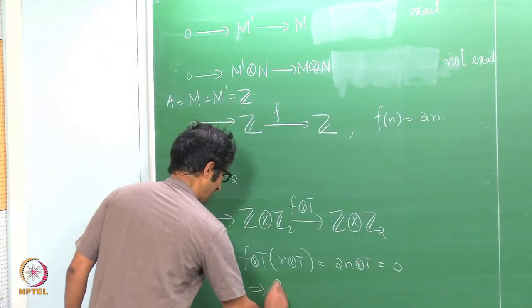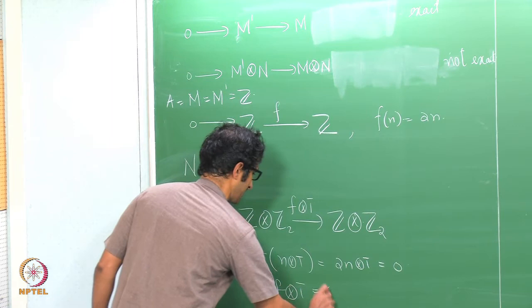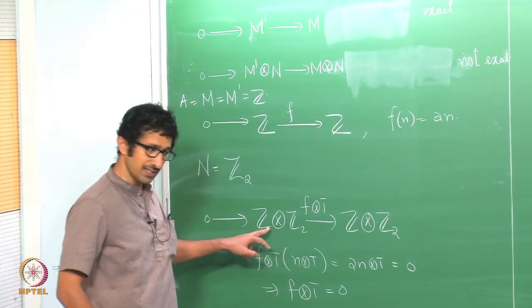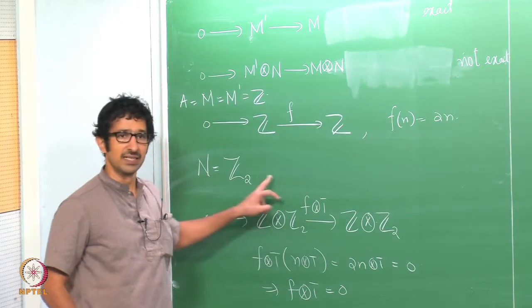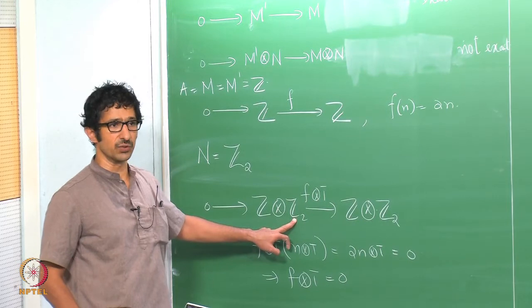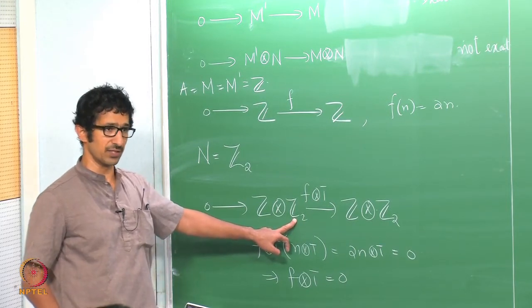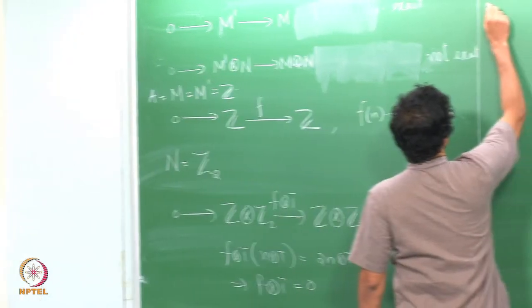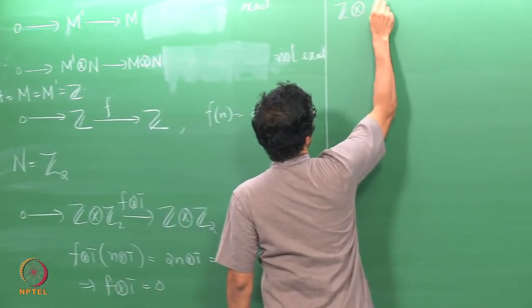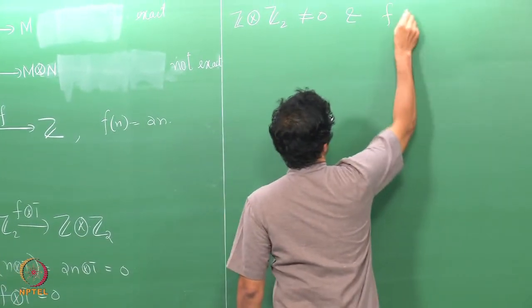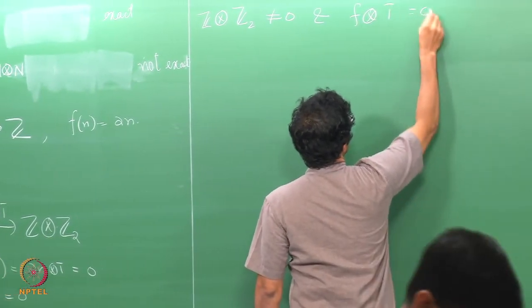So, therefore, this is 0. This implies that f tensor 1 bar is a 0 map, but Z tensor Z2 is not the 0 module. Z tensor Z2 is non-zero, and f tensor 1 bar is 0.